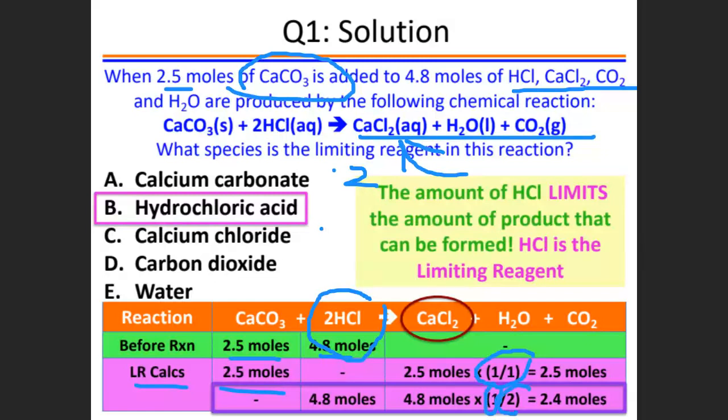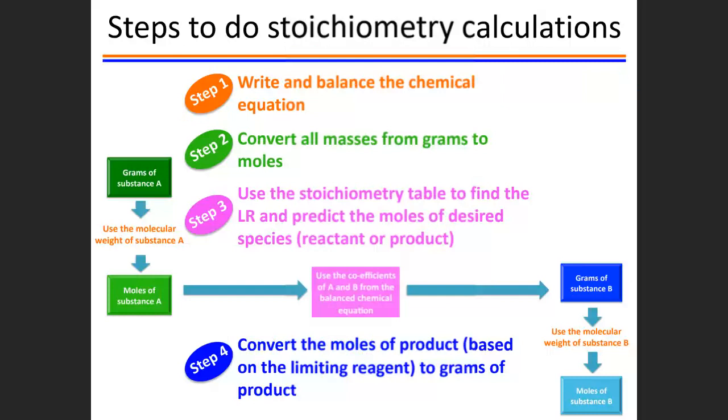So this is the mole. Now we can simply tell that HCl will be the limiting reagent and calcium carbonate will be the excess reagent, and we can see the quantitative things.